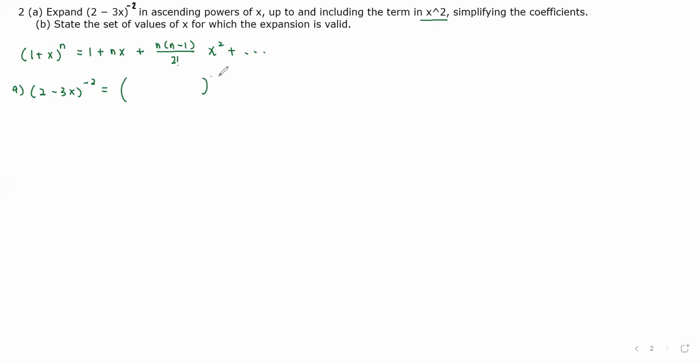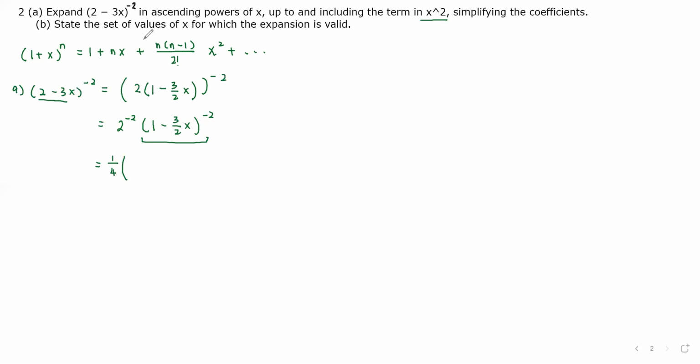Inside this expression, I can factor out a 2. Then I have 1 minus 3 over 2 x. This can be written as 2 to the -2, times 1 minus 3 over 2 x to the -2. Then we can apply the general binomial expansion on this part. 2 to the -2 is 1 over 4.